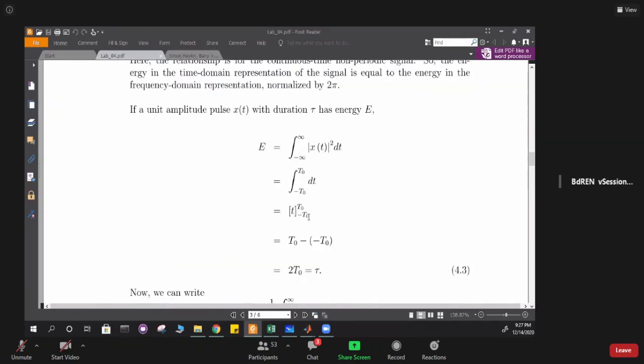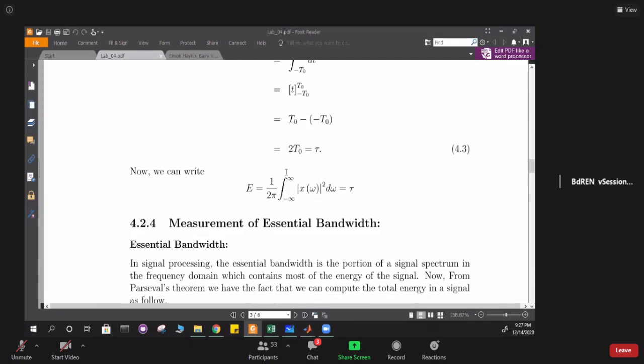That is the basic task: we'll be doing this integration, as we have the sinc function, and we can calculate X(jω). We calculate this energy from this equation, and then verify whether it is equal to tau or not.